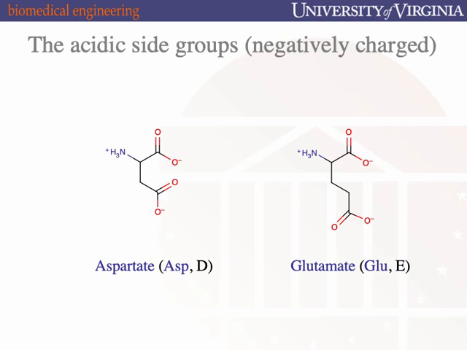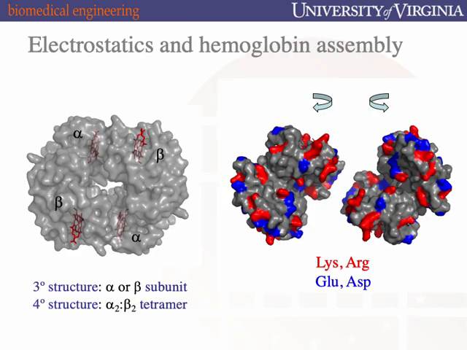And we also have our acidic or negatively charged amino acids, side groups, aspartate and glutamate. We can contextualize our aspartates, glutamates, lysines, arginines, and histidines in the setting of hemoglobin because it has charged amino acids in it.